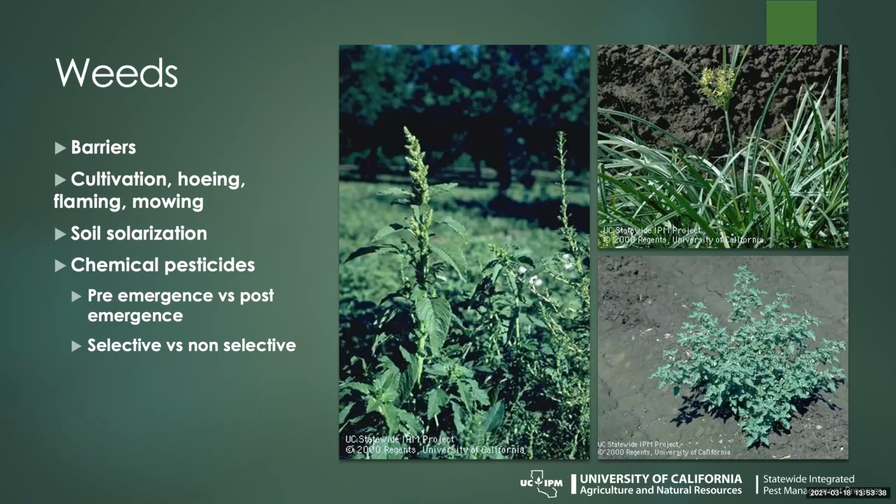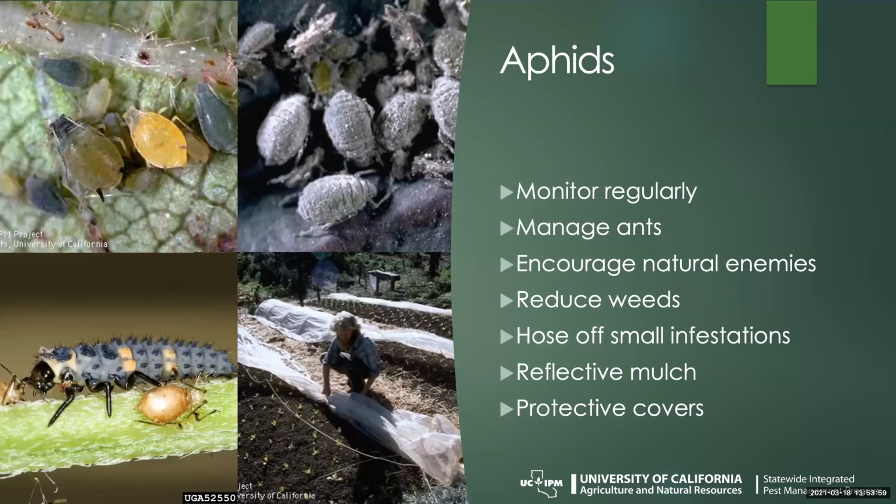And there's a whole bunch of different pesticides, herbicides that can kill the plant before it germinates, or post-emergence will kill the plant after it germinates. But many different cultural and physical controls that I've already mentioned today.